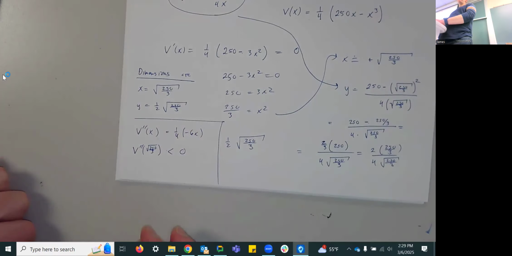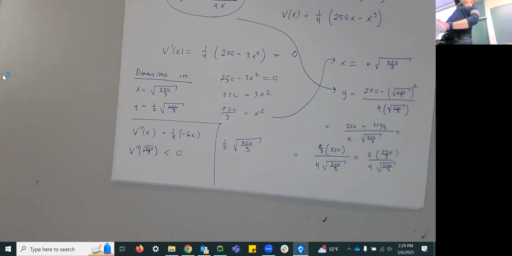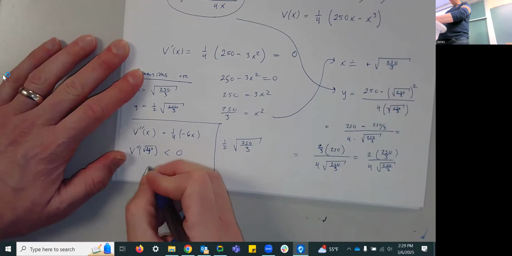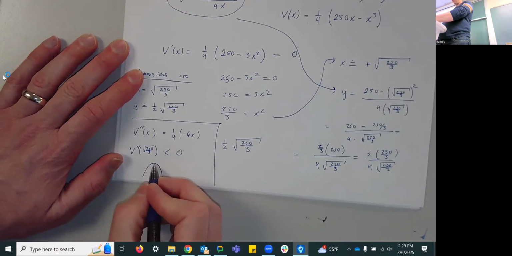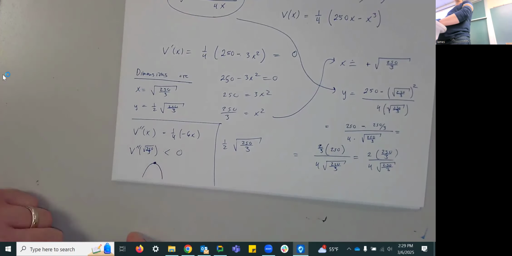And if your second derivative is negative, which way is your concavity? Concave down. And if it's concave down, that means you have a maximum.